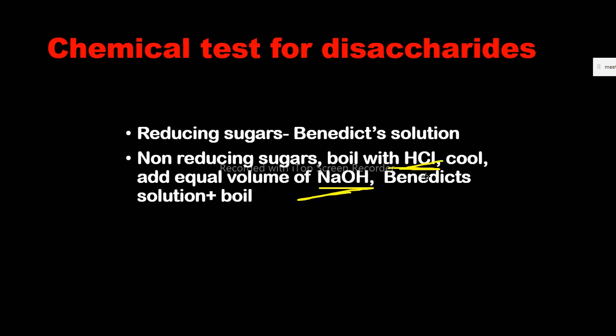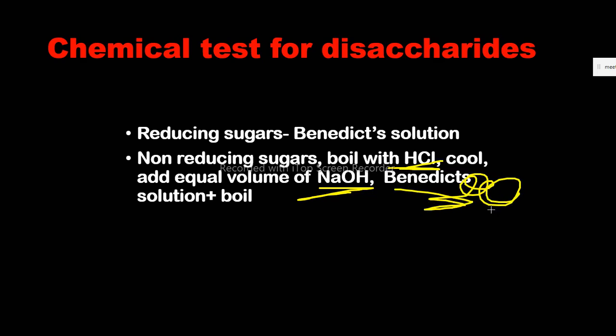The acid is the hydrochloric acid, HCl. If you add HCl, you would have acidified the solution. The solution would have turned acidic, which is not good for the Benedict's solution. It cannot work in an acidic medium.